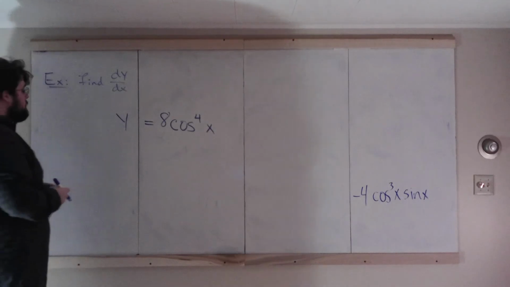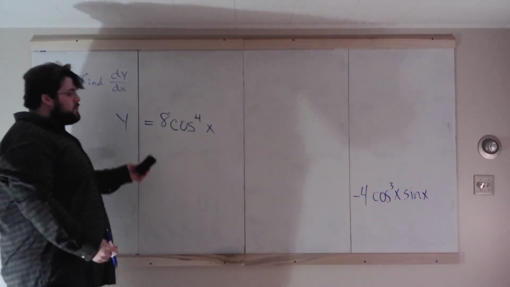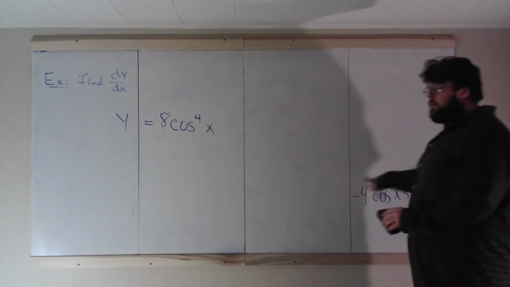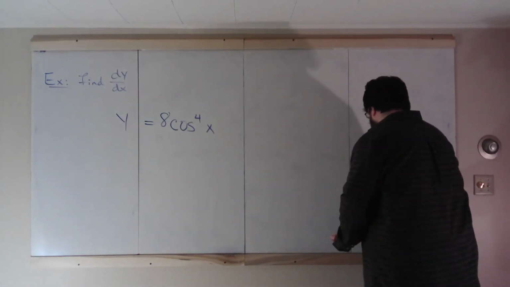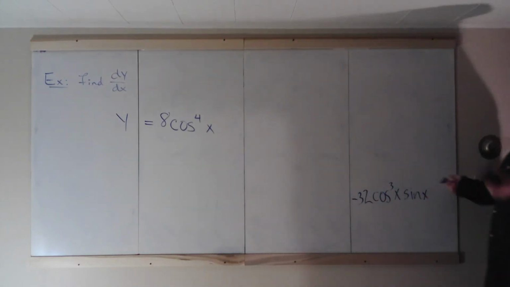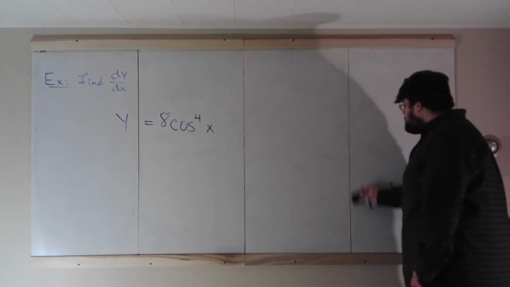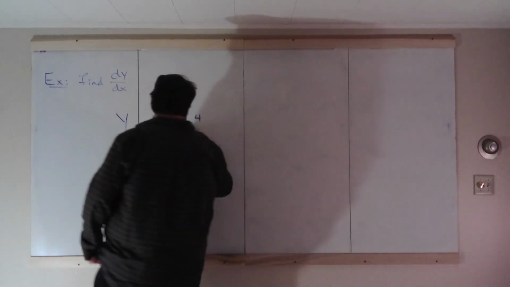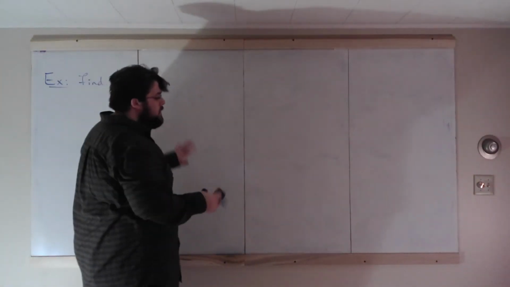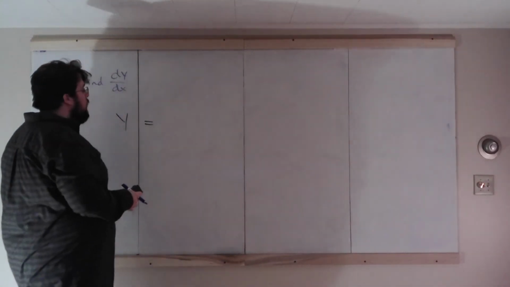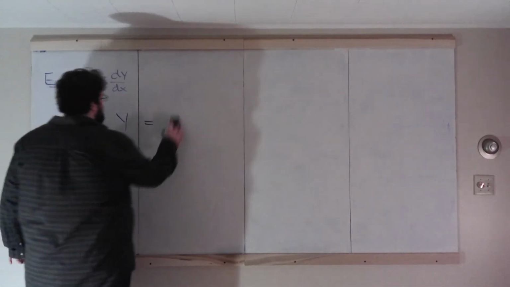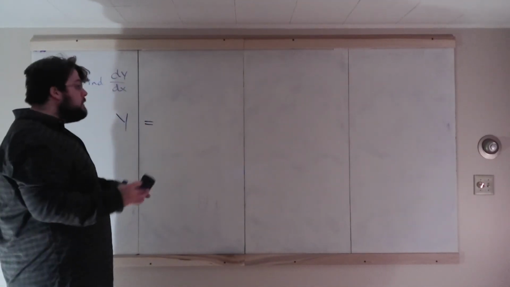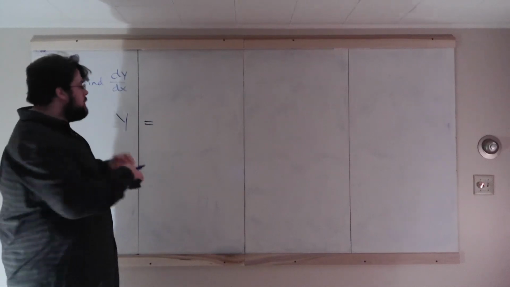What if I changed it to this function, just threw an 8 in front of it? Well, the answer would just be 8 of these, which is negative 32 cosine cubed x sine x. All the inside details that I erased, you'd have to put 8s on everything with a y. But that's more of a side observation: if you just throw a number on something, you have to remember that you need the number on the answer as well.